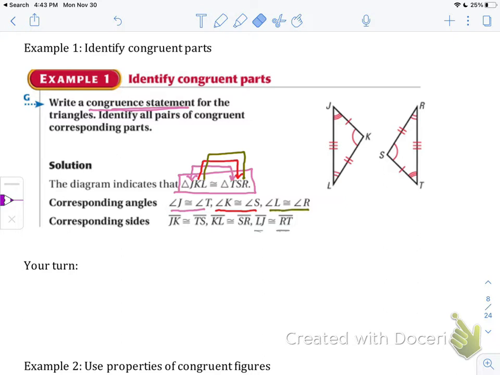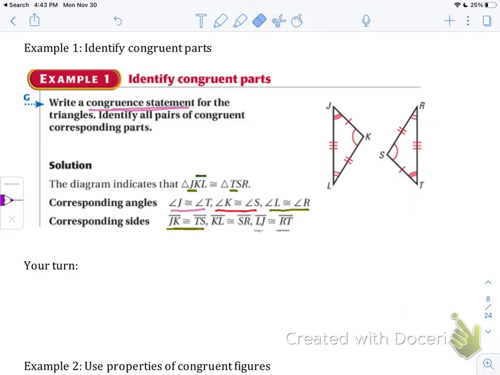Okay, so let's erase some of the marks I just made, and let's talk about the sides. It's always best to go back and look at your congruent statement and not the shapes again. So take the first two letters, JK, that's congruent to TS. JK, TS. Take the next two letters.